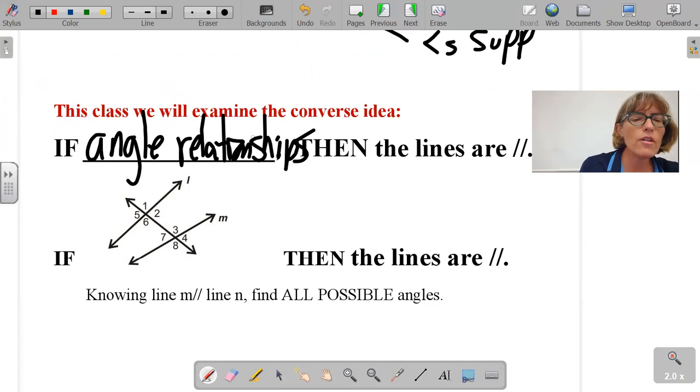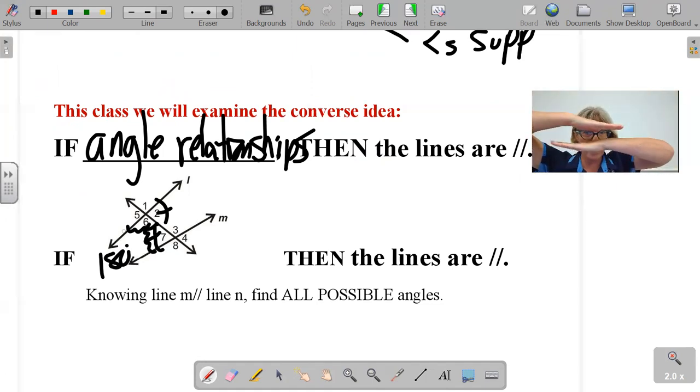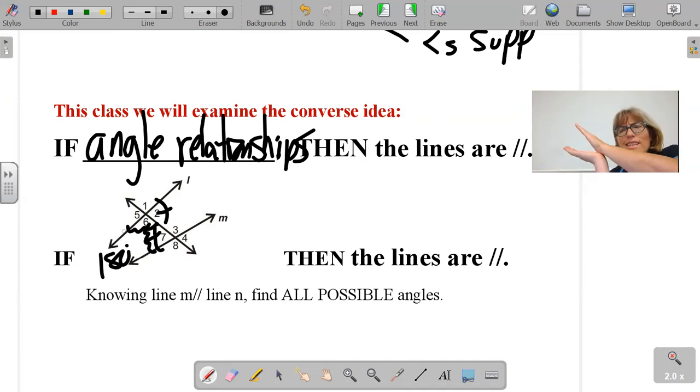Or if I have a bunch of different kinds of angles which are either congruent or supplementary, it's going to force parallel lines. So last class was this: if parallel lines, then angles. This class says, if I have these kinds of angles, then the lines have to be parallel. That's called proving parallel lines.